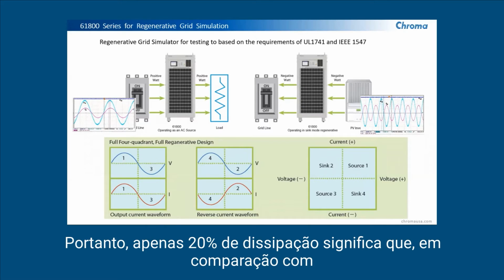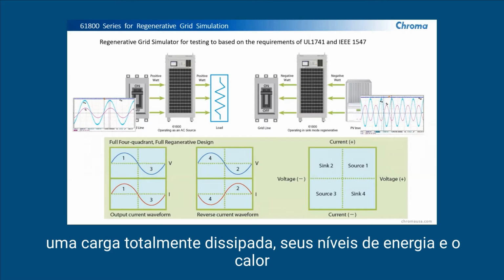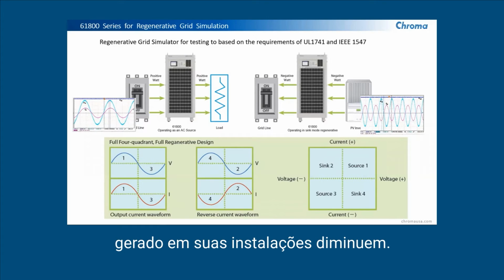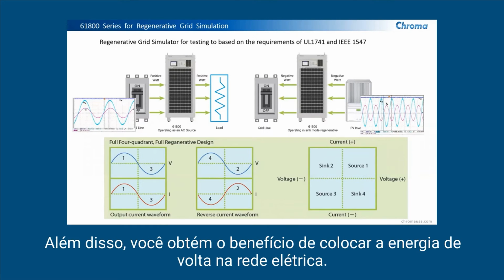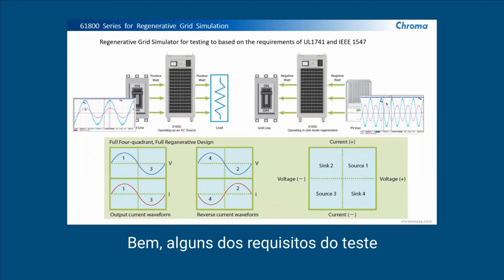So only 20% dissipation means that compared to a fully dissipated load, your power levels and heat generated in your facility go down, as well as you get the benefit of putting power back on the grid.